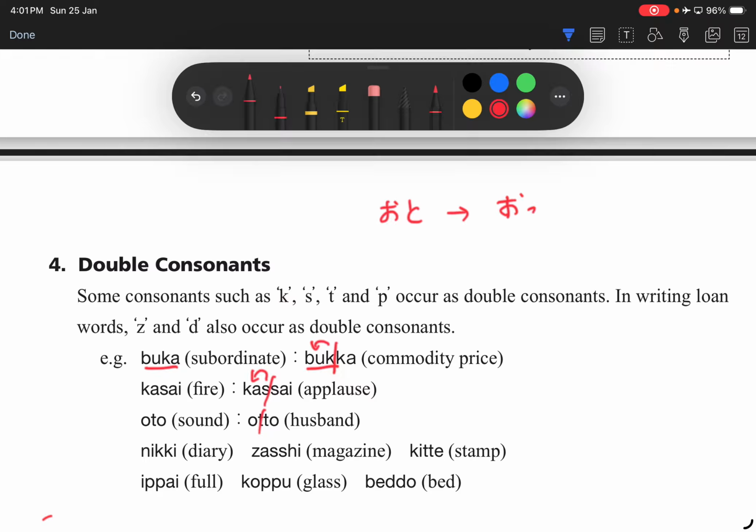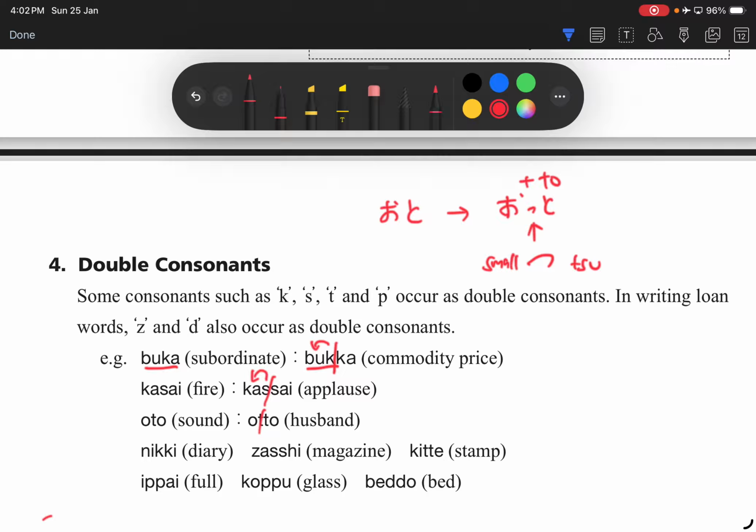So we have a small tsu. This guy is about 40% of the size, so it is a small tsu. But we don't pronounce the tsu. We don't say o-tsu-to. The tsu just becomes, for example in oto, the next letter is T, so it will represent a T.